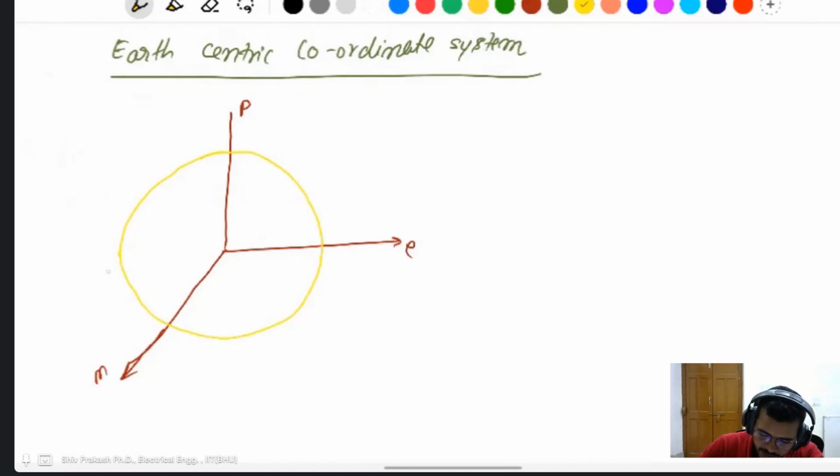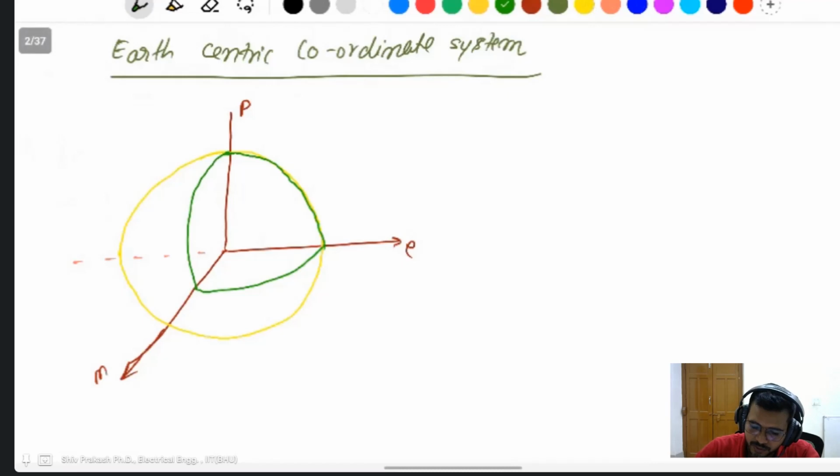This is the earth. I'll take a part of this one and define the axis.